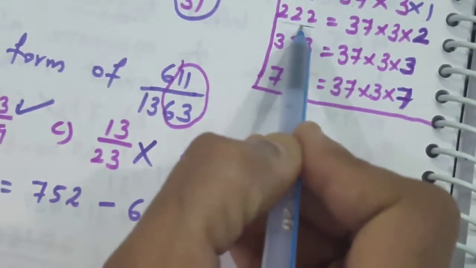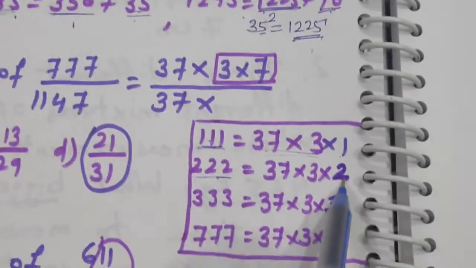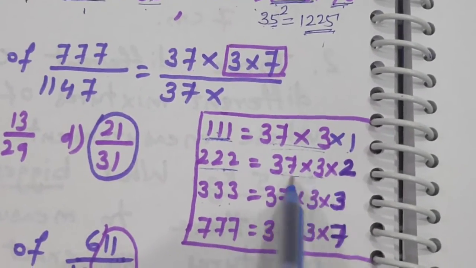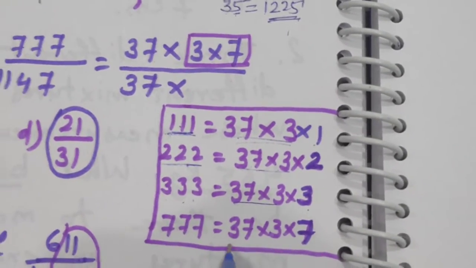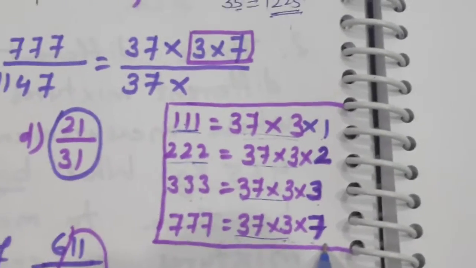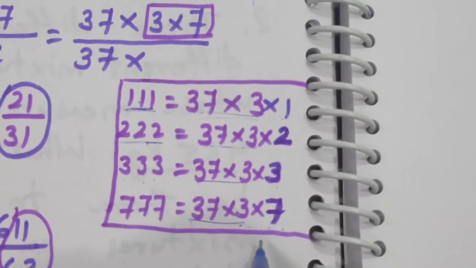If it is triple 2, it remains the same, 37 into 3 and multiply by 2. If it is triple 3, then what do we do? 37 into 3 remains the same, multiply by 3. 7, 7, 7, 37 into 3 remains the same and into 7. So you must keep these factors in mind.